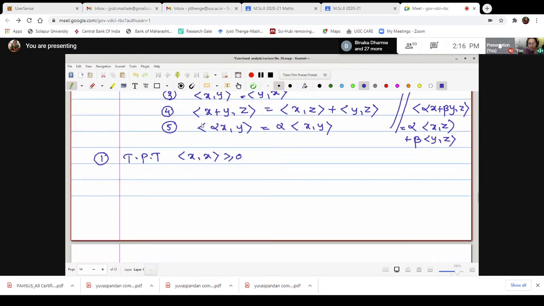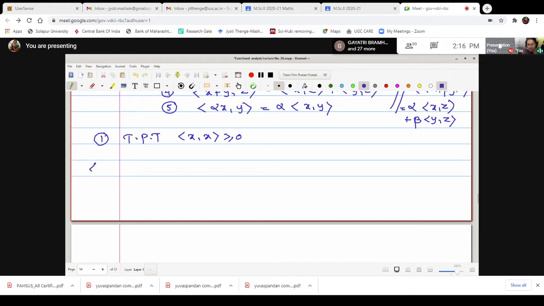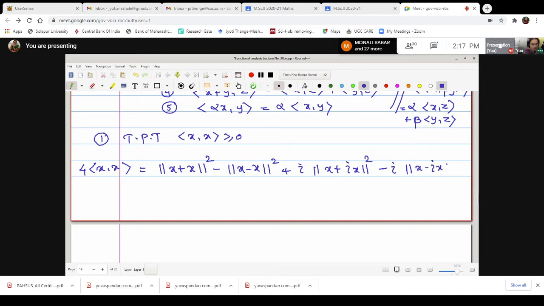Now here we will just replace the vector y with the vector x. Therefore I will write the inner product xx as 4 times inner product xx, which is norm square of x plus x minus norm square of x minus x plus i times norm square of x plus ix minus i times norm square of x minus ix. Wherever y was there, we have replaced it by the vector x.